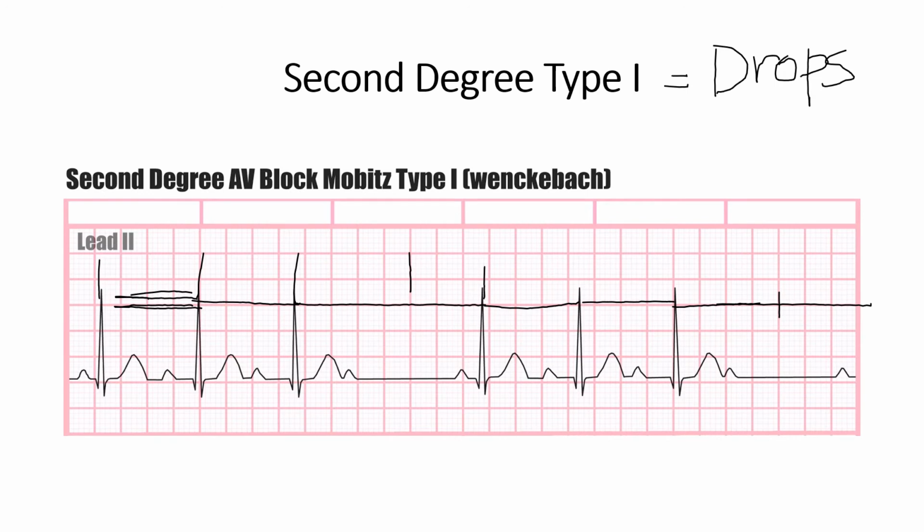So once you identify the drop, I want you to go to the PR interval preceding the drop. So you go right in front of it, and here's that P inflection point, and here's that before the dip of the QRS. It's a little bit ahead of it. Let me make that better.